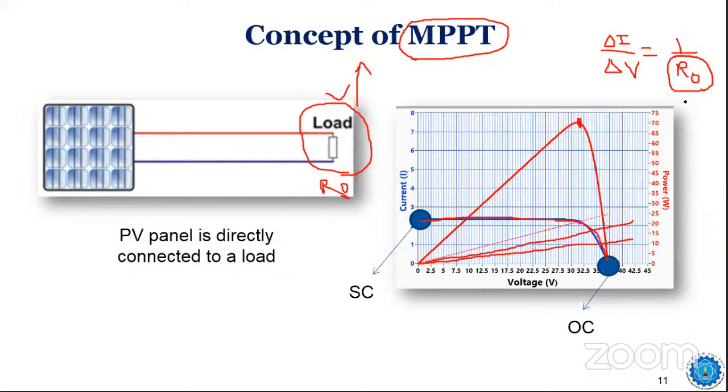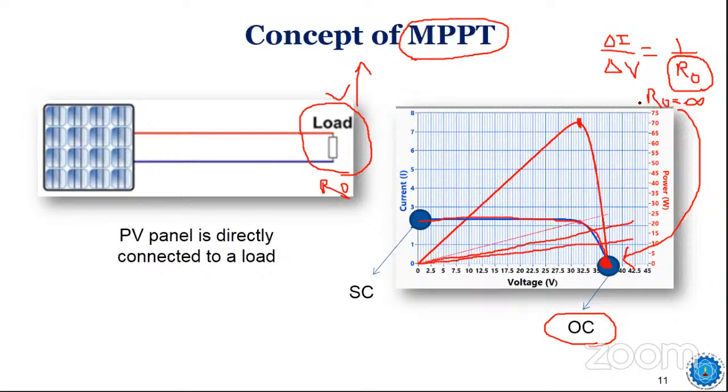And at this point, when your current is 0, voltage is there, but current is 0. So as current is 0, R naught will be equal to infinity. Here, where R naught is infinite, your system will behave like an open circuit, and the corresponding voltage of this point is called the open circuit voltage.